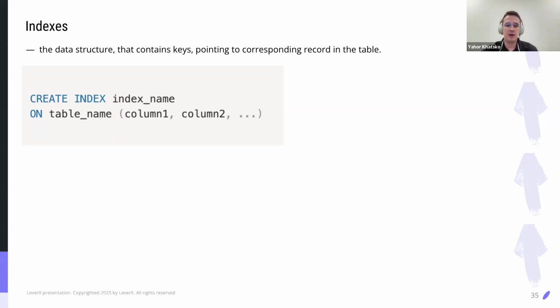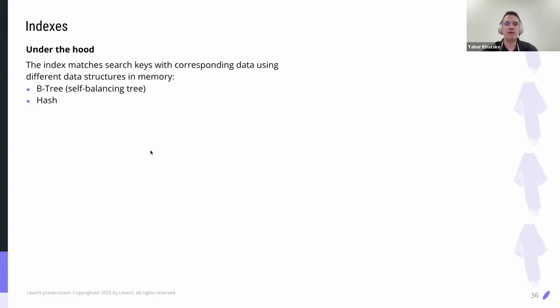What kinds of indexes could exist? It could be a binary tree. As I mentioned, under the hood the database will create that structure and handle it by itself.